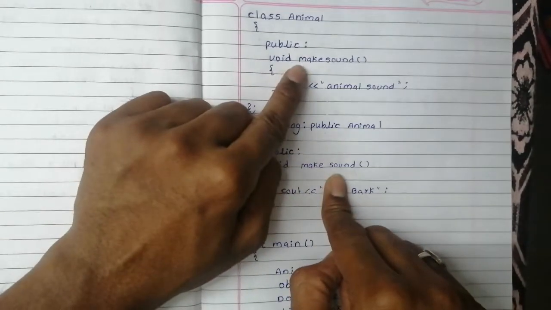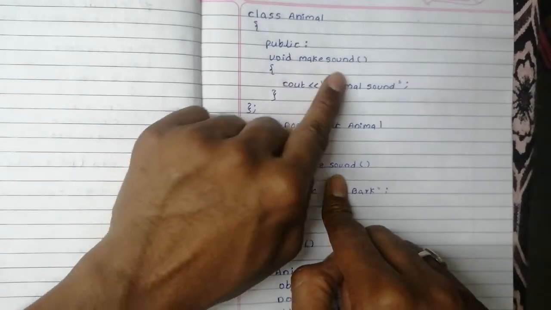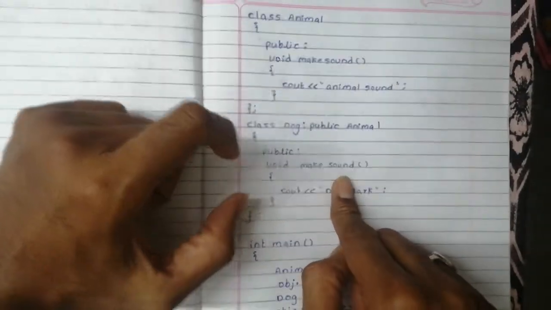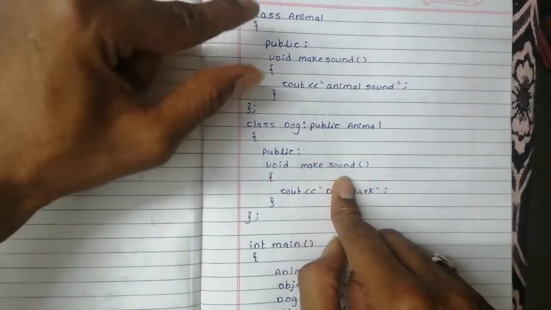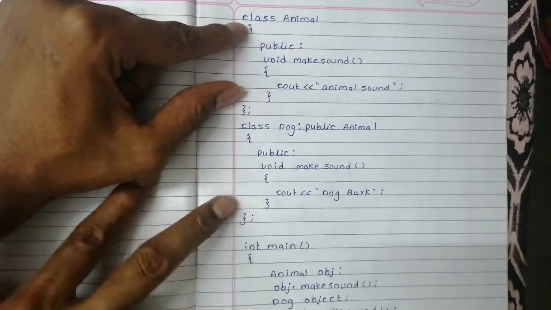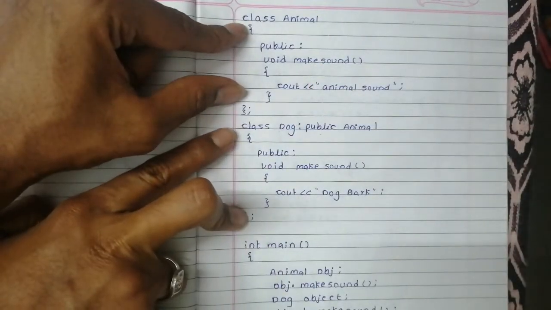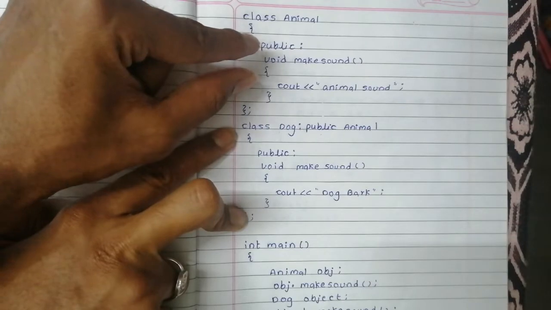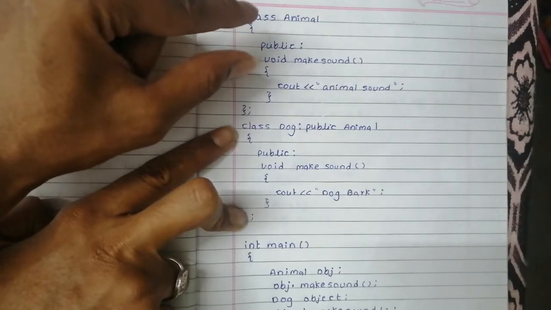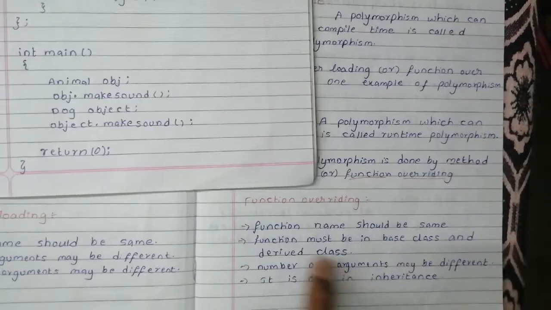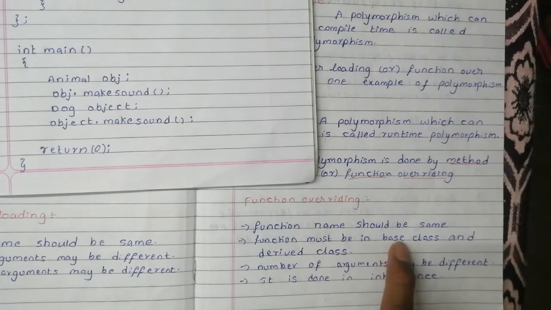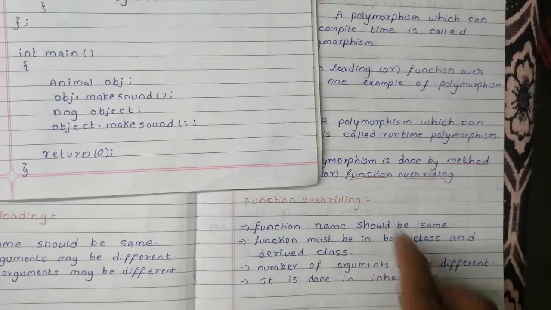See here, the function name is the same, makeSound and makeSound, but what is the difference? This function is in this class and this function is in that class. The function name is the same, but one is in the base class and the other is in the derived class.